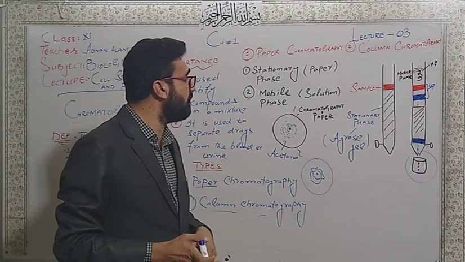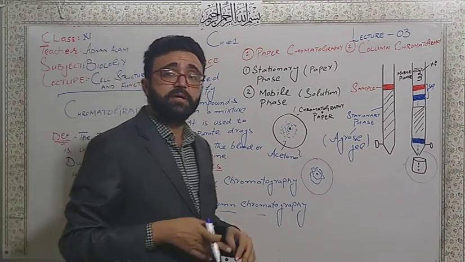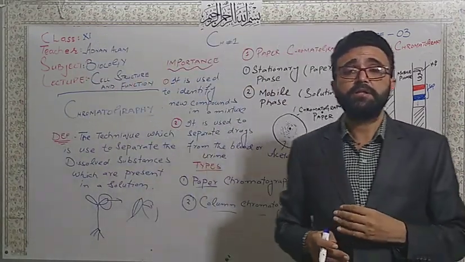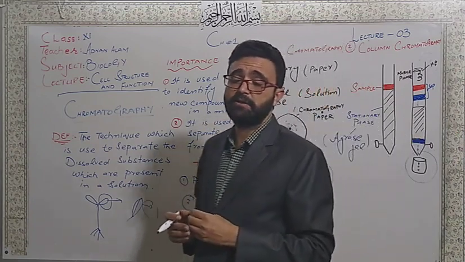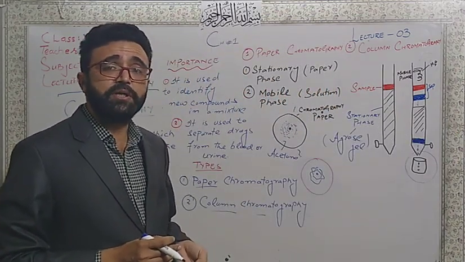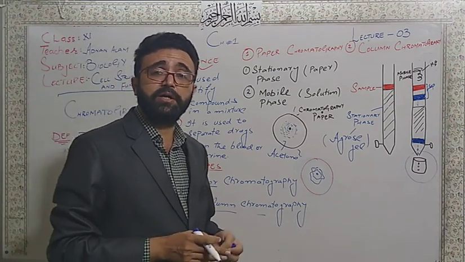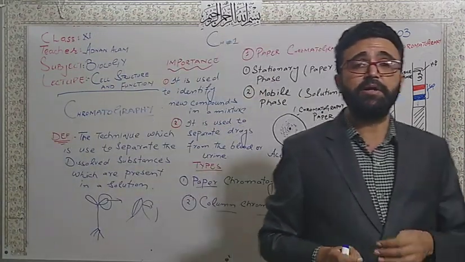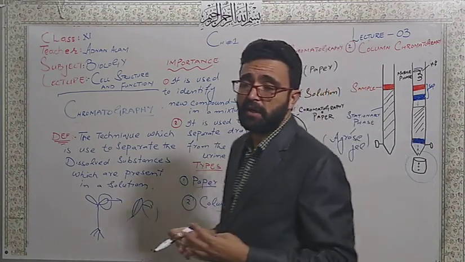If it is a new compound, then we study its chemical properties, its physical properties, and whether we can use it as a drug or not, and whether it can show antibacterial, antiviral or any kind of activity.